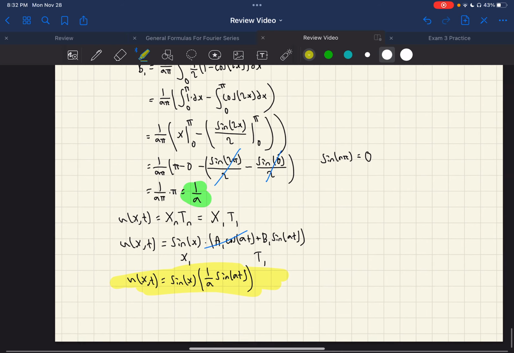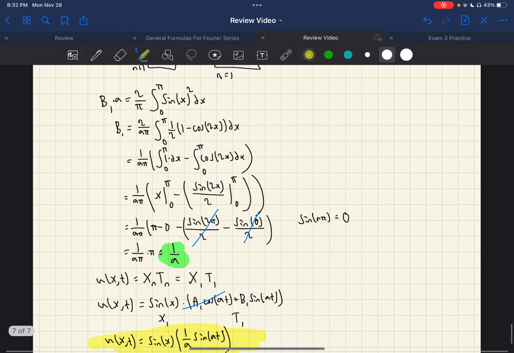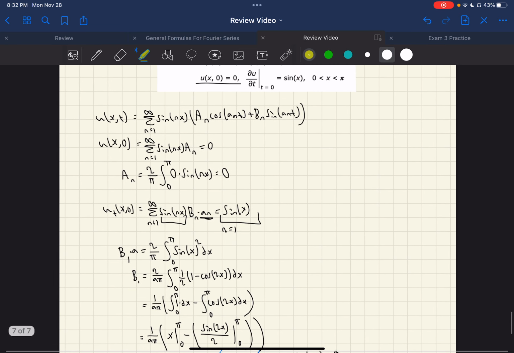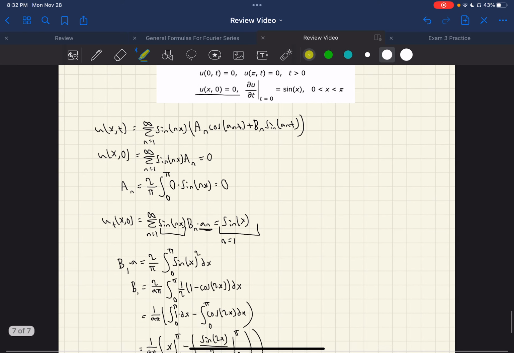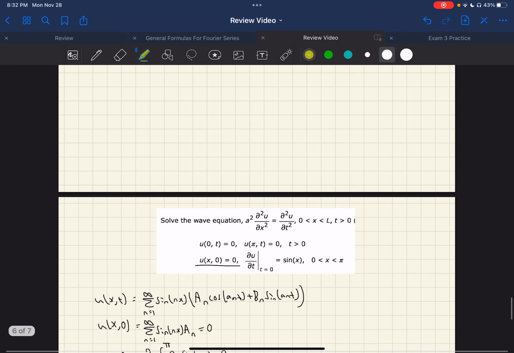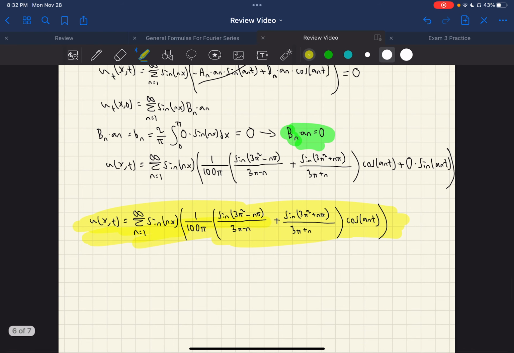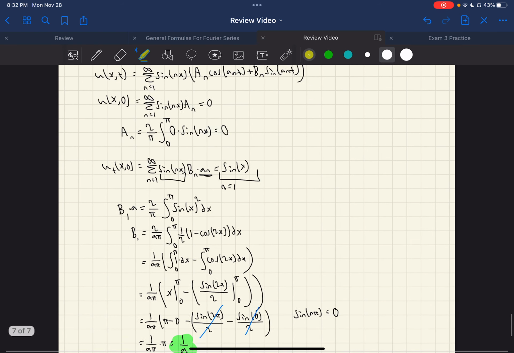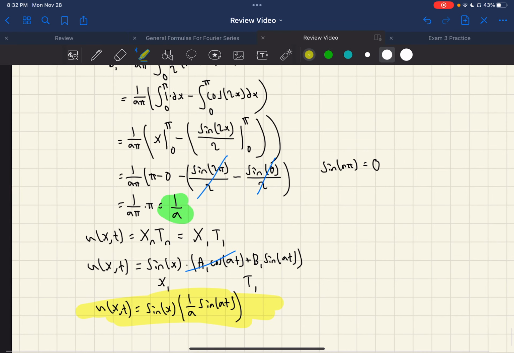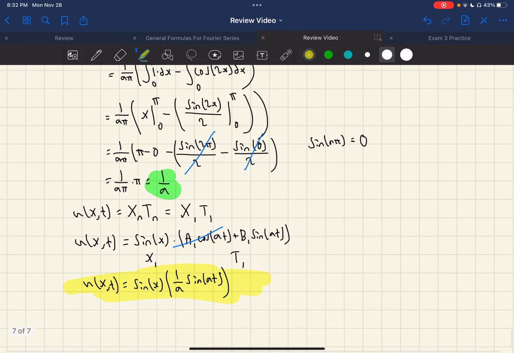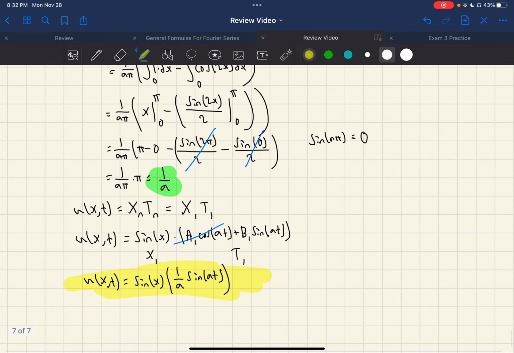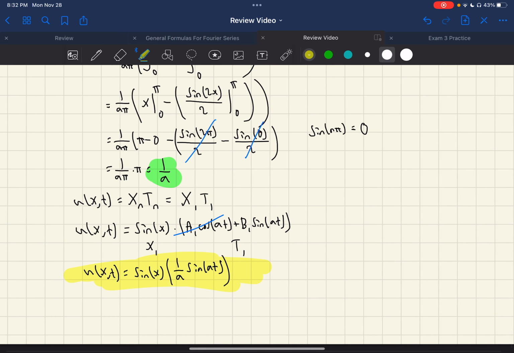So that's pretty much it for the wave equation. Just a longer form of the heat equation. Your answer could be in terms of a series, or if you choose to plug in a value of n to make it easier, it could be like this answer where we plugged in n, so we don't need a series.